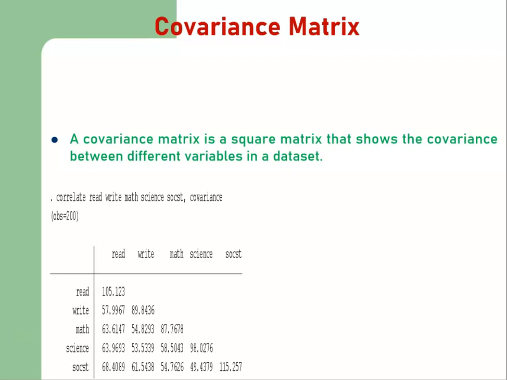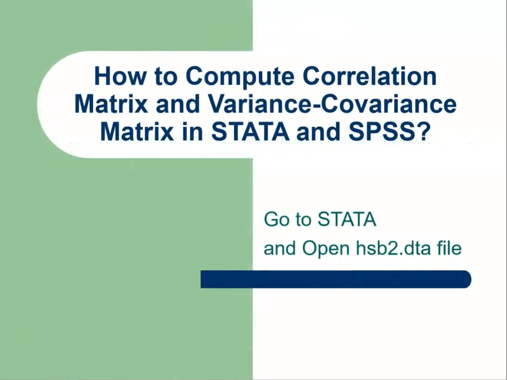So after this I'll compute these two matrices, that is the correlation matrix and the covariance matrix, and then I'll interpret it.